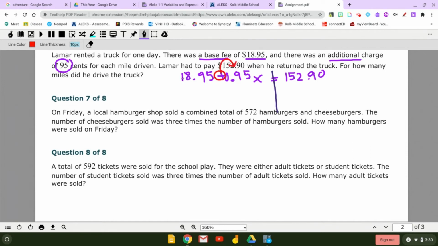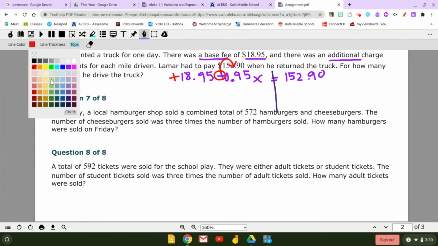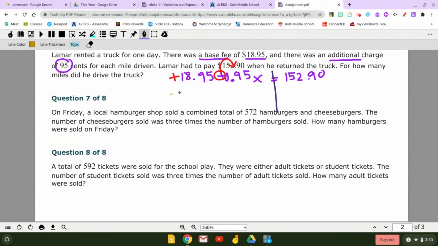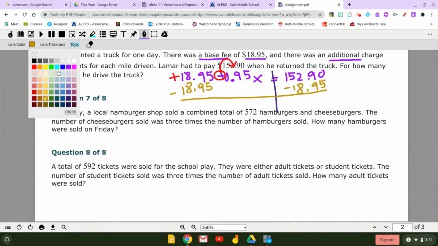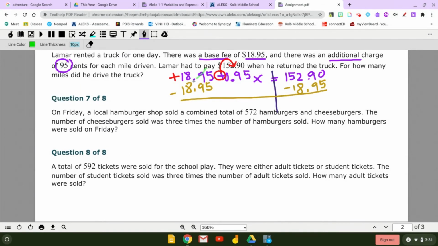So we need to get rid of 18.95. This number itself is positive, so we have to do the opposite operation. We subtract 18.95 on both sides, which allowed us to cross that out.